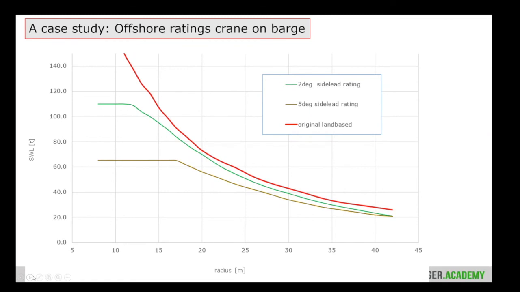And here you see an example of the fact that we have made 2 situations for different kinds of side lead. It's all what the customer wishes. He wants to operate with 5 degrees side lead or off lead. Then you get special ratings for these operational circumstances.